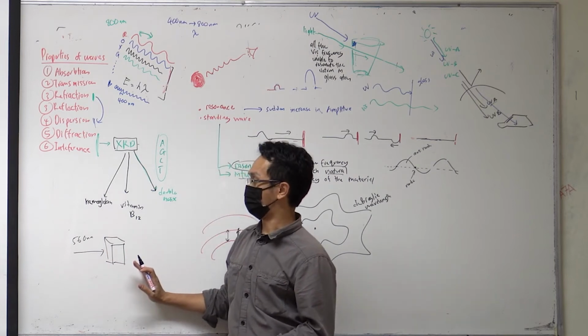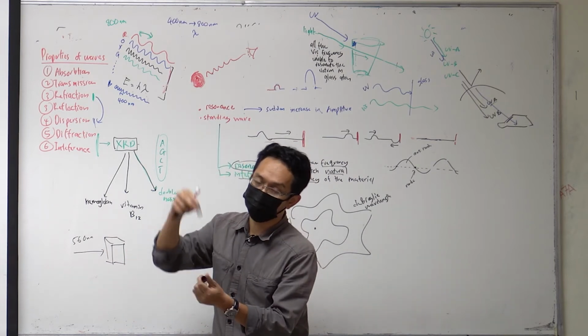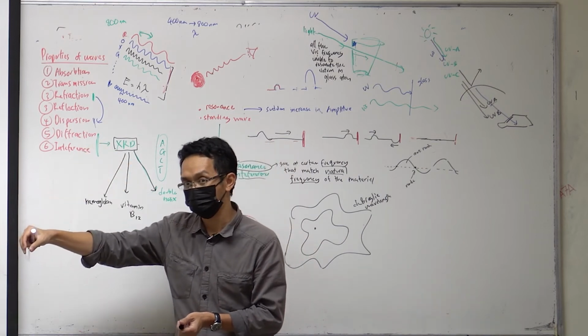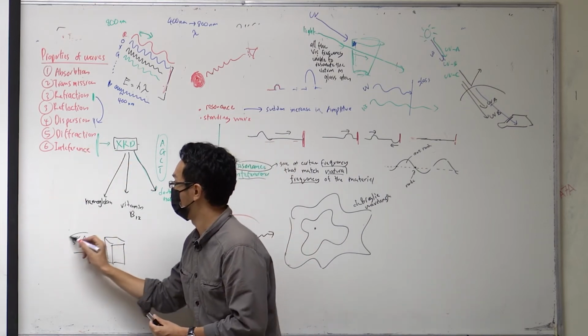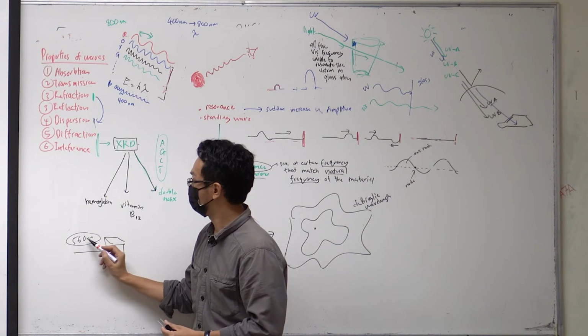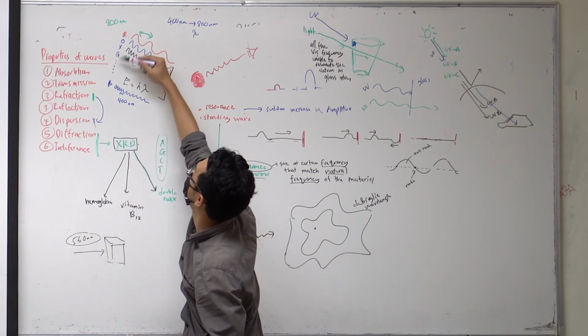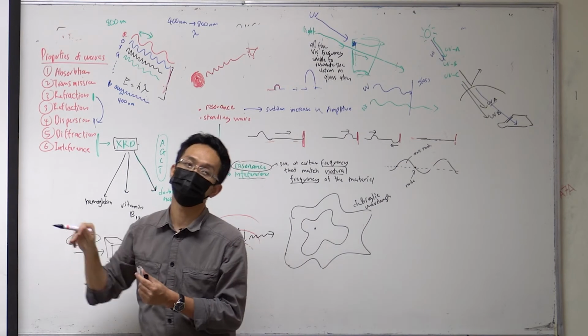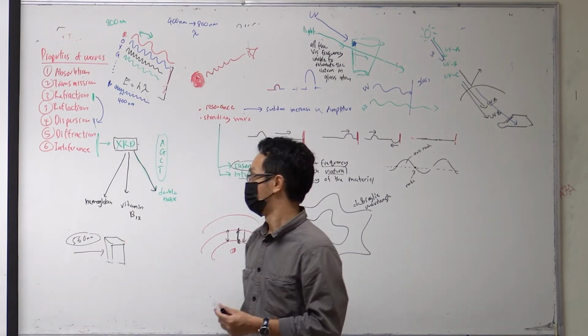Meaning that you put something in the cuvette, then put it in the spectrophotometer and shine a certain wavelength. So 560 nanometer is green, meaning that you shine green light.